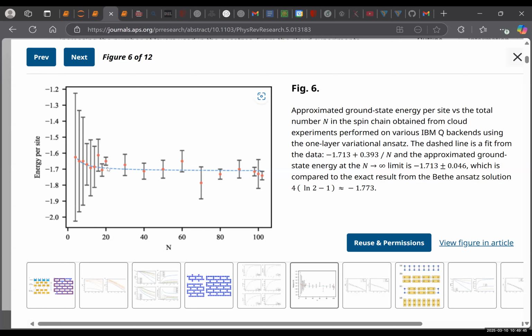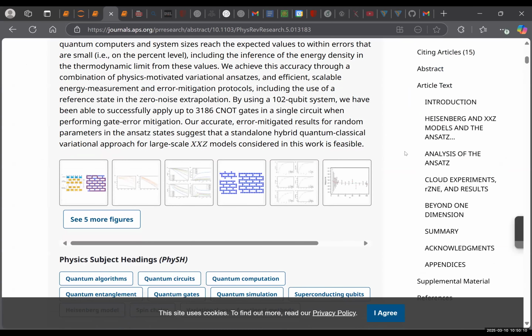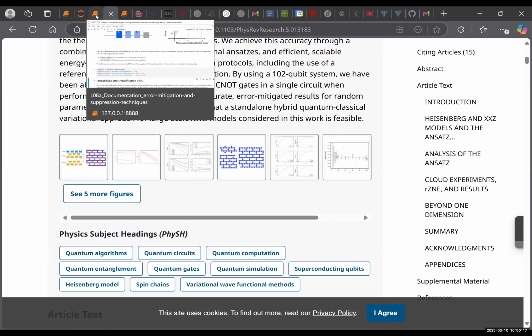But if you extrapolate, you get an energy per site which is close to the Bethe ansatz, about 4%. This was done a long time ago, 2022. So I believe the machine has much improved, so the result can also be improved substantially, if not dramatically.